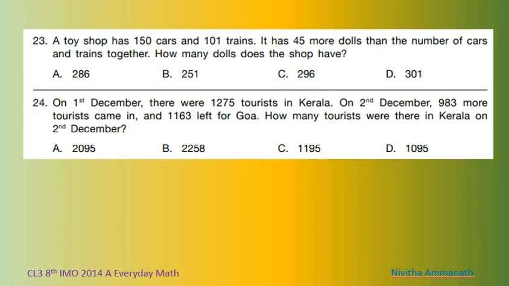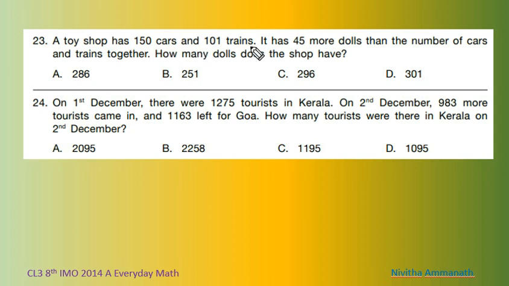23rd question. A toy shop has 150 cars and 101 trains. It has 45 more dolls than the number of cars and trains together. How many dolls does the shop have?